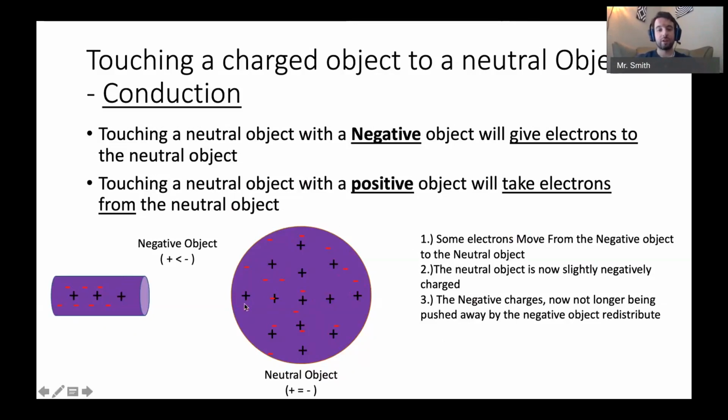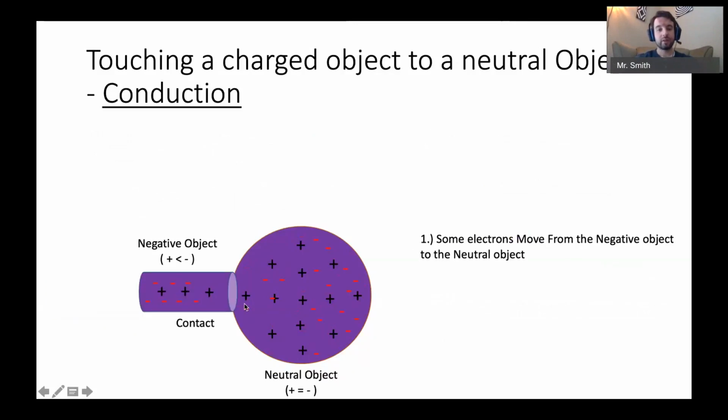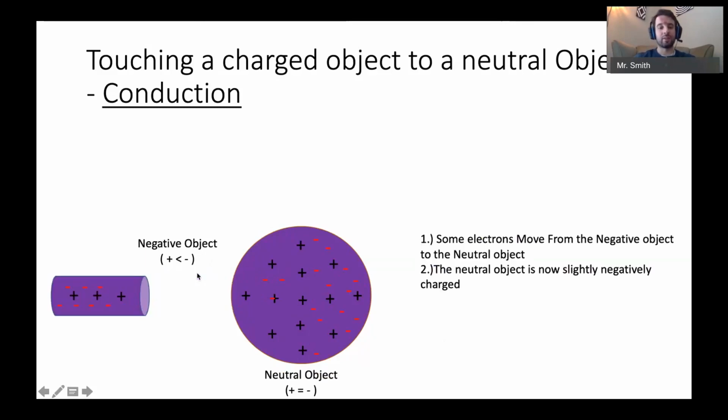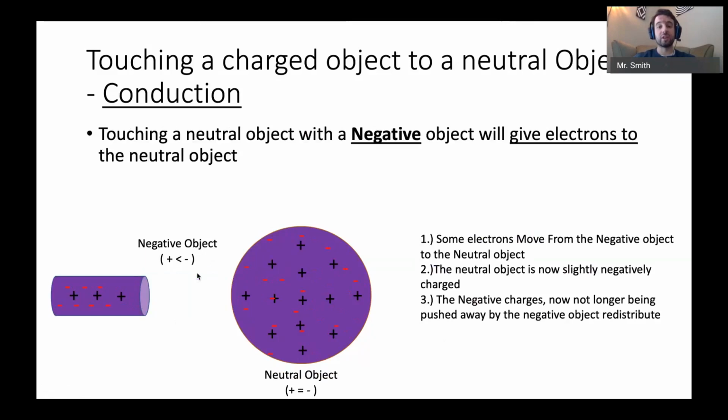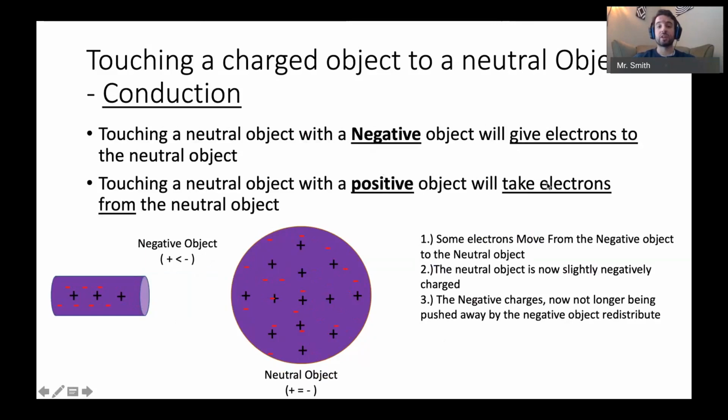What's happening here is that as they touch, we have this super negative object and this super positive side, and the electricity is thinking, we want to be even, we want to be equal. So it says, okay, I'll give you 3 electrons so that these are both now equally negative, and then they split up. So the key here is negative objects give electrons, and a positive object will take electrons away from the neutral object. And that's conduction.